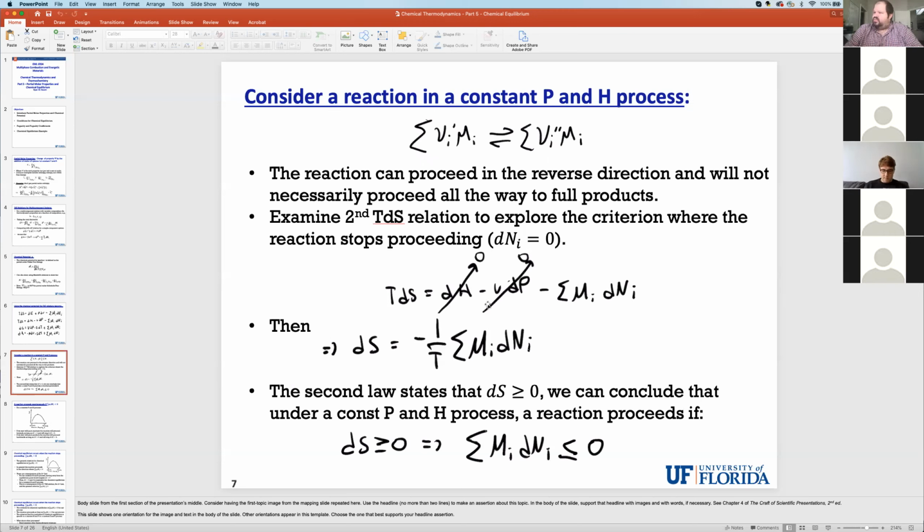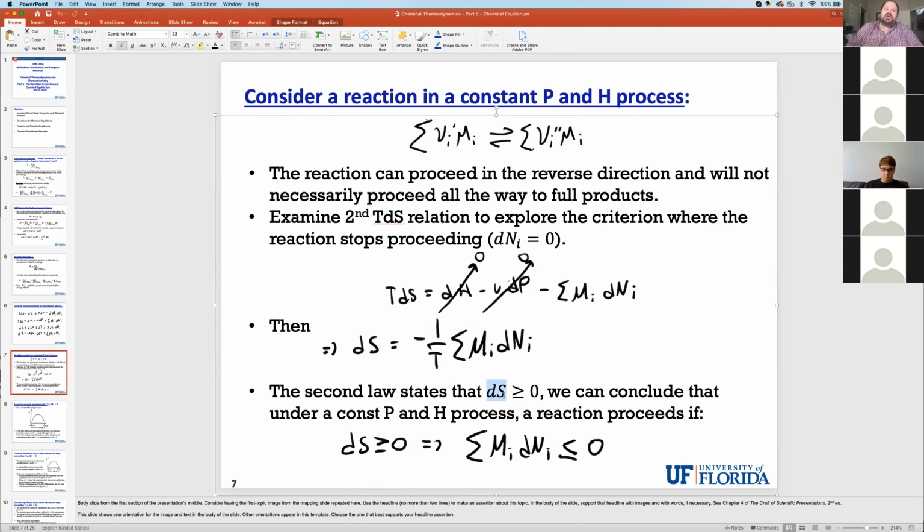So we substitute that in, and anywhere in the reaction we have dS equal to minus 1 over T times the sum of mu i dni. Now, we can realize that for the second law of thermodynamics, for any process where there's no extra heat being applied, dS has to be greater than or equal to 0.